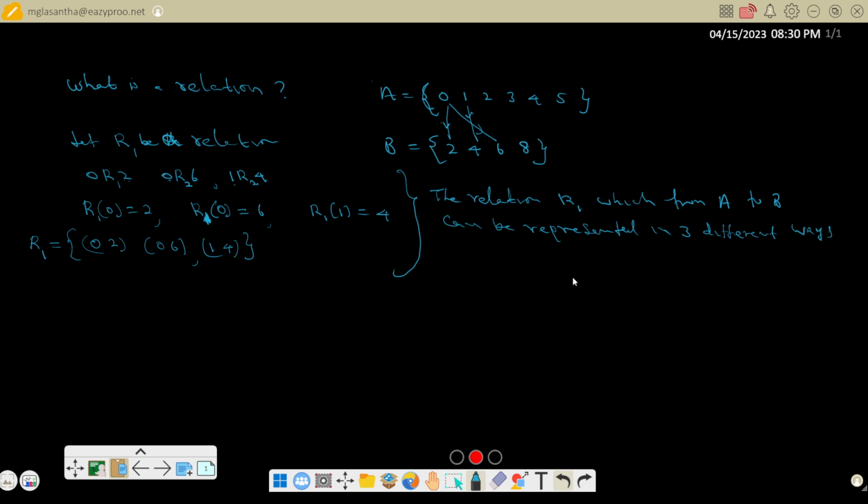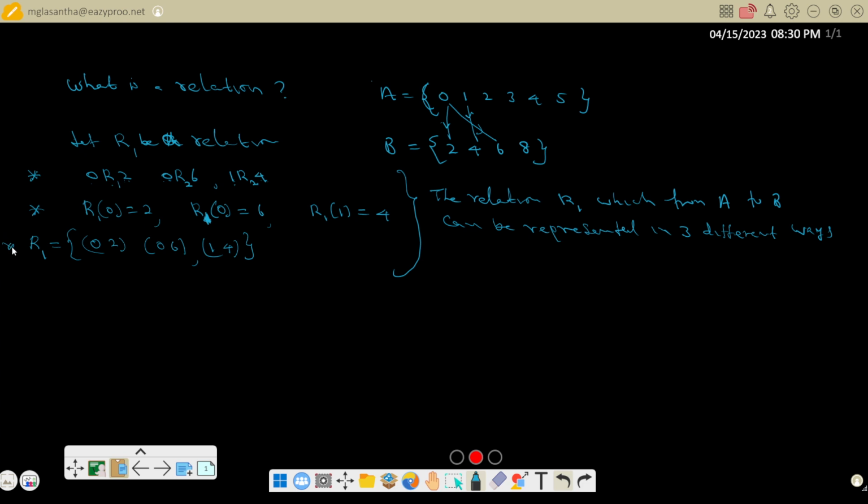So this is also the same relation: R1, 0 connected to 2, 0 connected to 6, 1 connected to 4. So these are the three different ways.